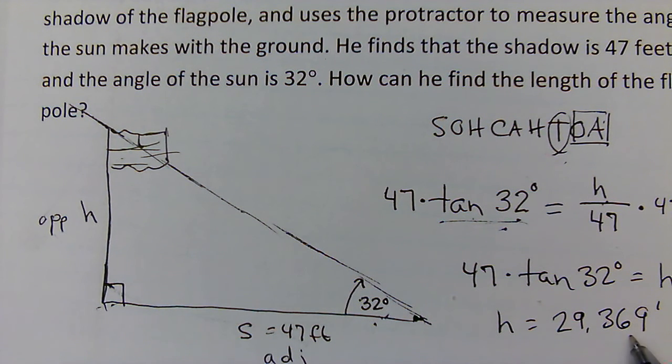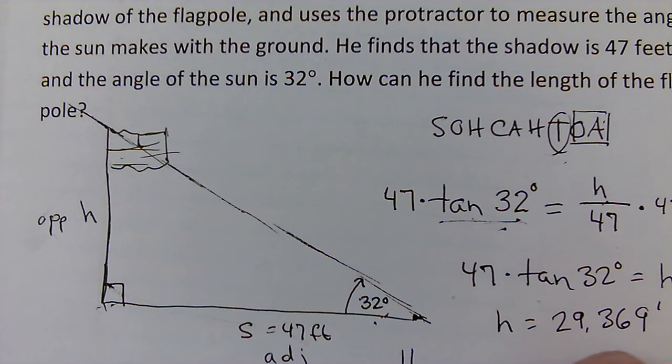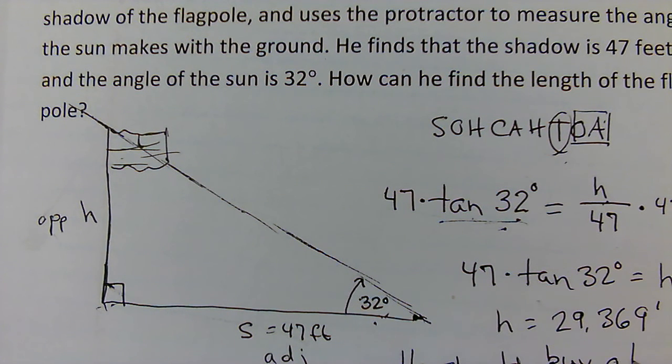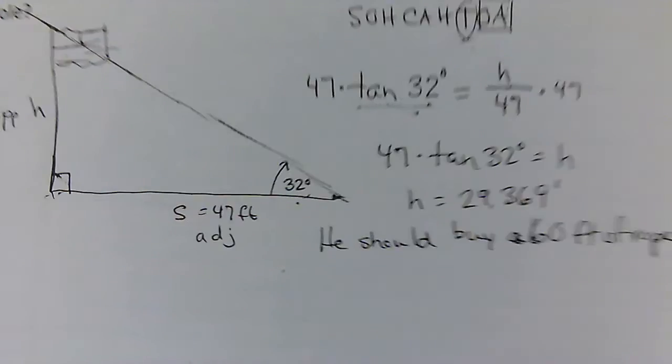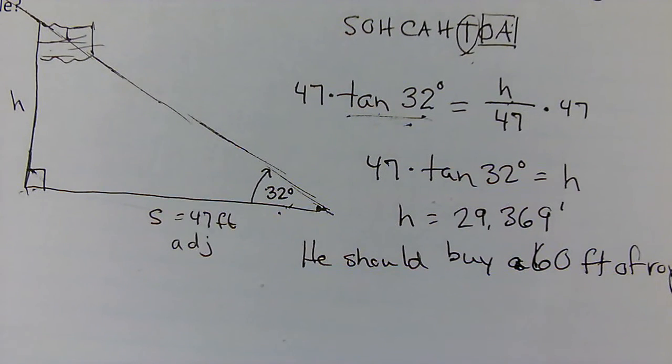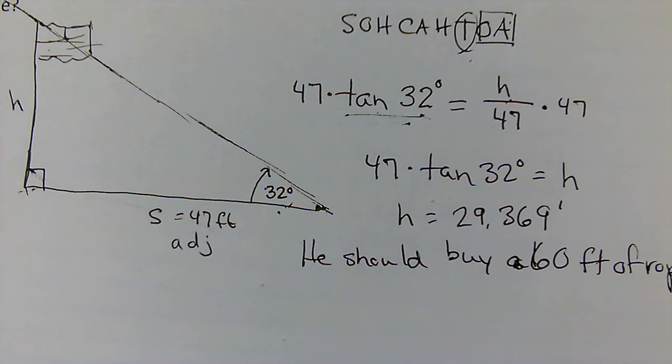So it's almost 30 feet, so he should buy about 60 feet of rope. Or I would say he should buy 60 feet of rope. That way he'll have some extra in case. Okay? So that's an example of using trigonometry to solve a problem.